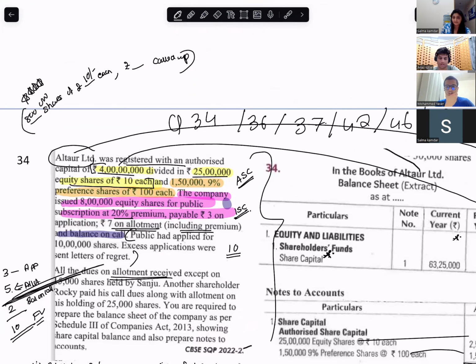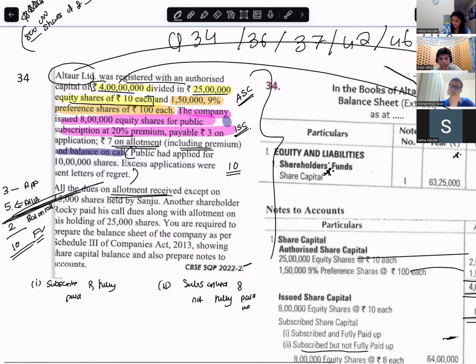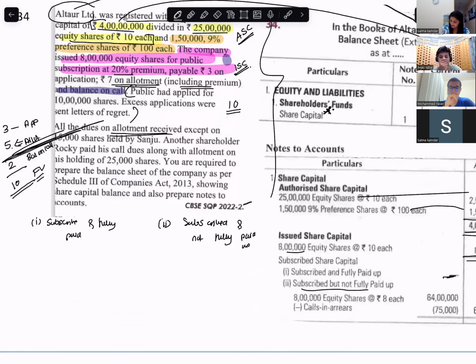You have called 3 for application and you have called 5 for allotment. So 8 called up. So this will be 800,000 equity shares of rupees 10 each, 8 called up.